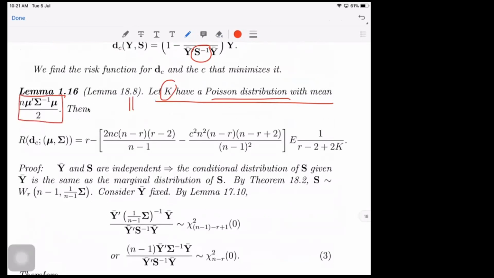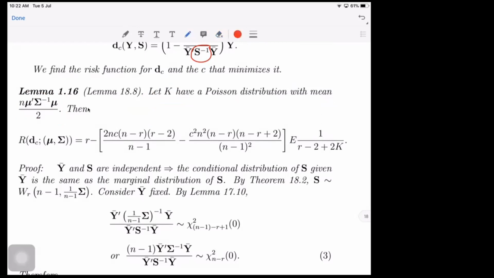In the univariate case, it was just square norm over 2 sigma squared. Correct? And this time it is this one. Okay? So there is some slight difference in form, but more or less they have the same variables under consideration.